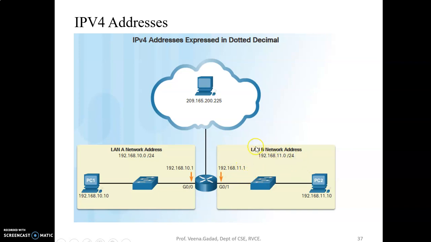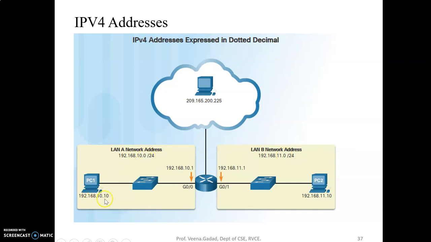Now if you look at the network addresses of LAN A and LAN B, you have something like this: 192.168.10.0 and 192.168.11.0. One thing is that the network addresses always have the last octet as 0.